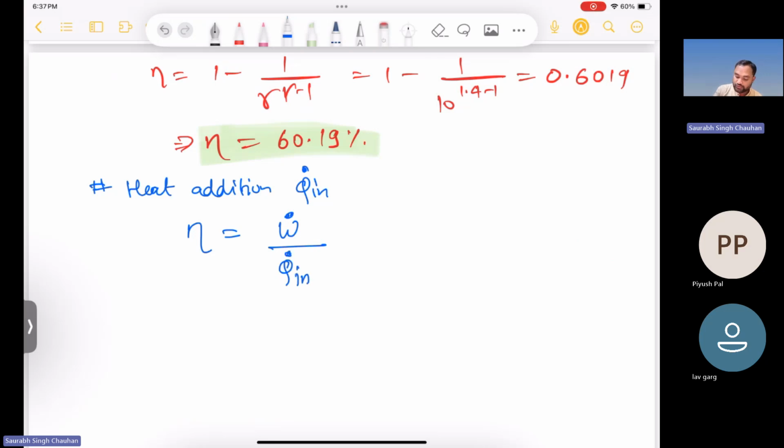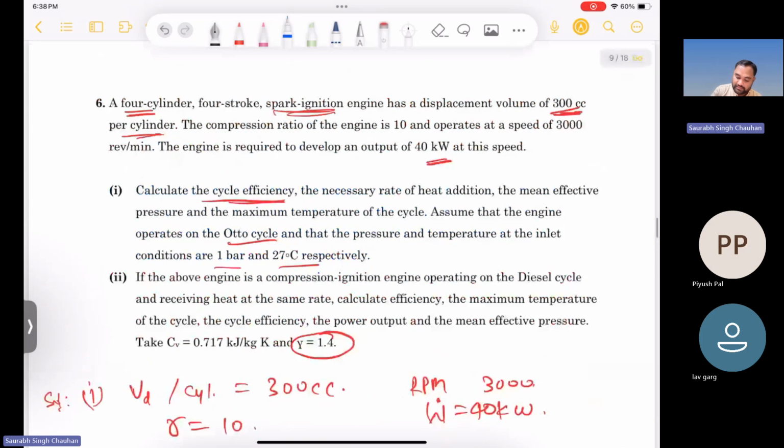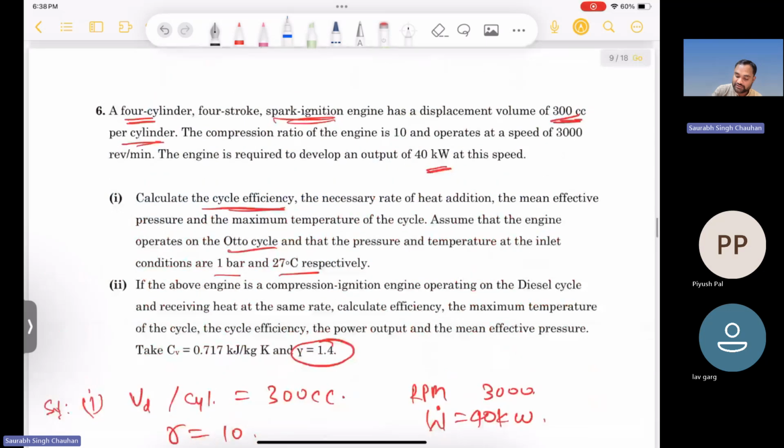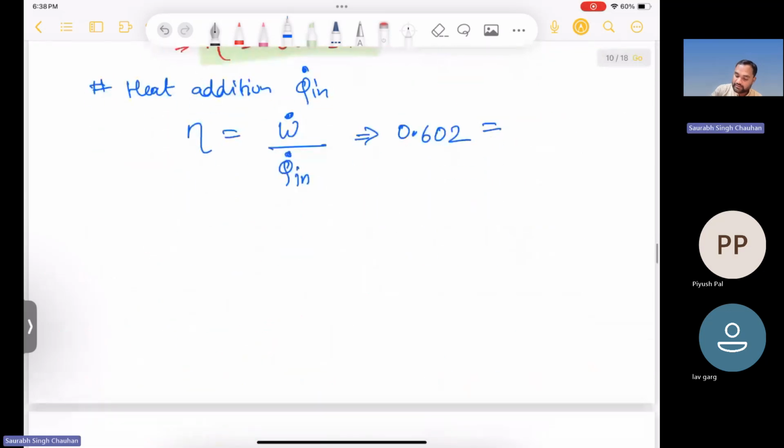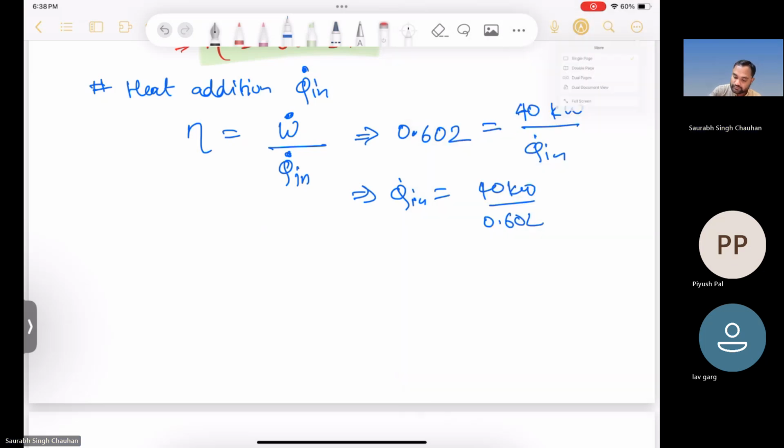The efficiency you have already got is 0.602, and the power that is required to be developed is 40 kilowatt, as given in the question. So 40 kilowatt divided by the rate of heat input. From here you can find the rate of heat input. This will come out to be 40 kilowatt divided by 0.602.